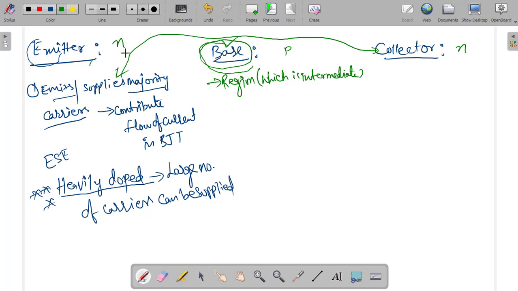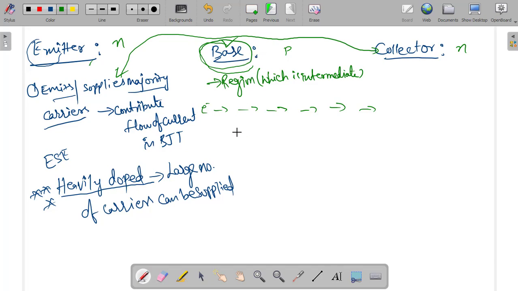Majority carriers in N type are electrons. Electrons travel from emitter to collector through the base. This is acting like an intermediate region.